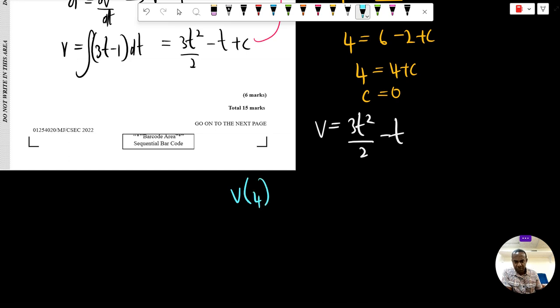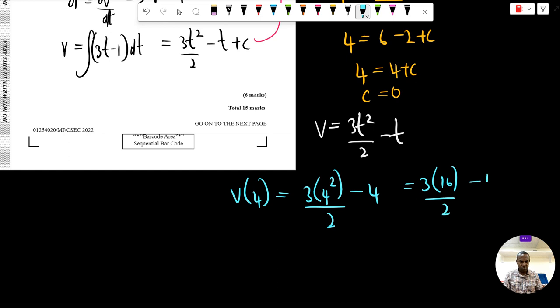So we can say that v of 4 is equal to 3 times 4 squared divided by 2 minus 4, which gives us 3. Now 4 squared, that is 16. So 3 times 16 over 2 minus 4. 16 times 3, that is 48. 48 divided by 2, that is 24.